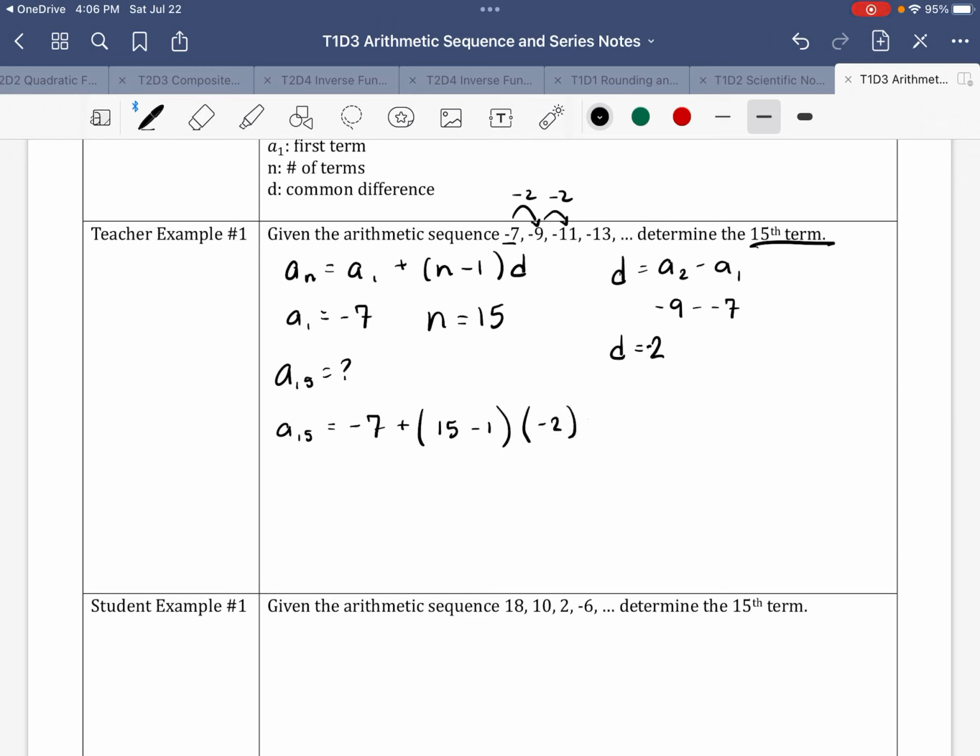Be careful to put the negative 2 in parentheses so that we know that we're multiplying and not just subtracting 2. Put this through a calculator or do some mental math, and you'll find that a sub 15 equals negative 35. Try student example number 1 on your own.